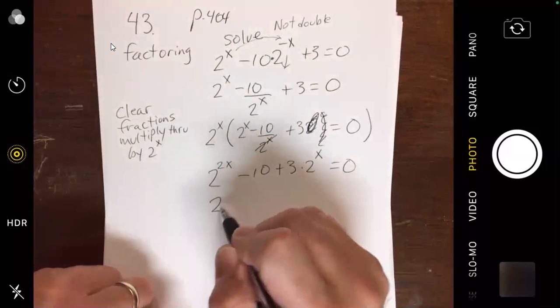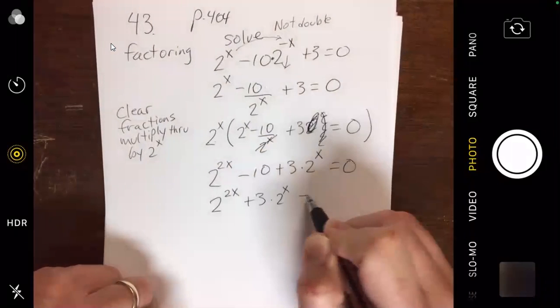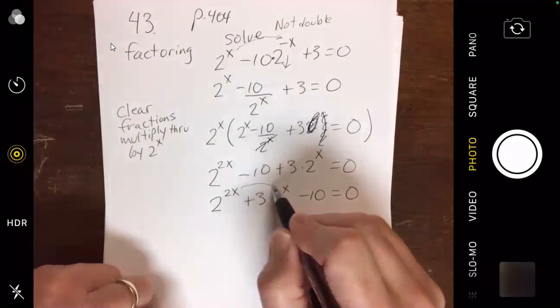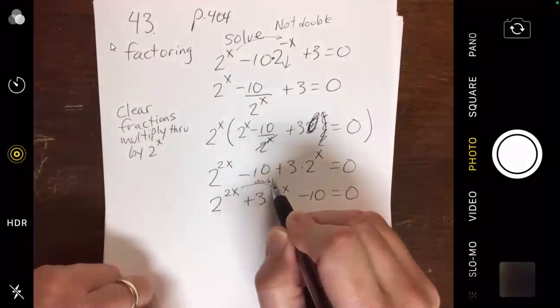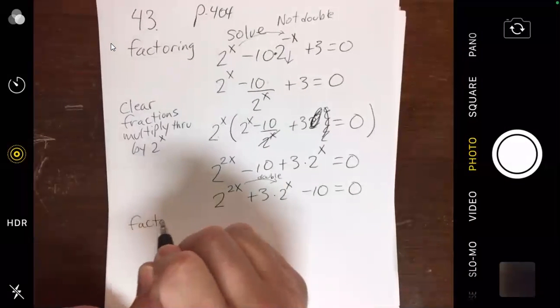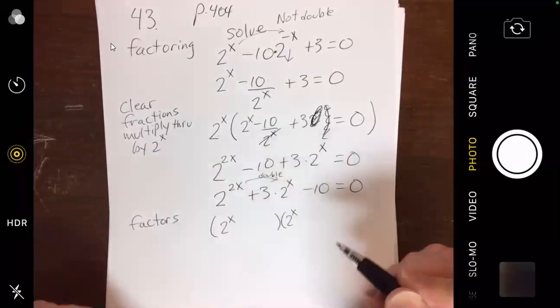All right, so rearrange: 2 to the 2x, add 3 times 2 to the x, subtract 10 equals 0. And now you have what you want. This is double, so it factors with a 2 to the x and a 2 to the x.